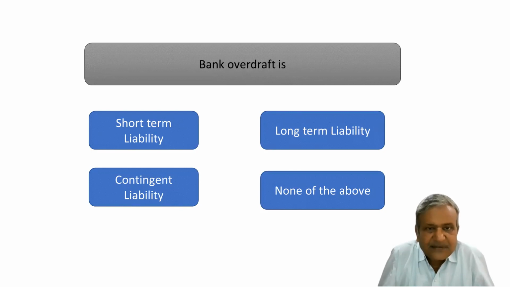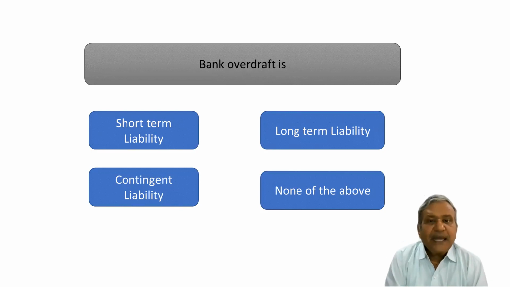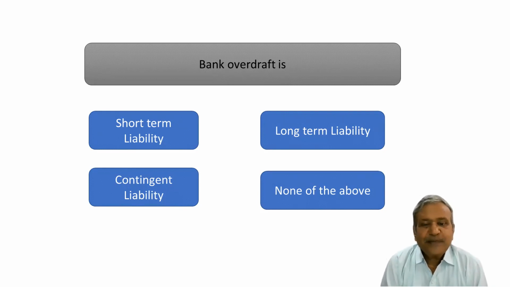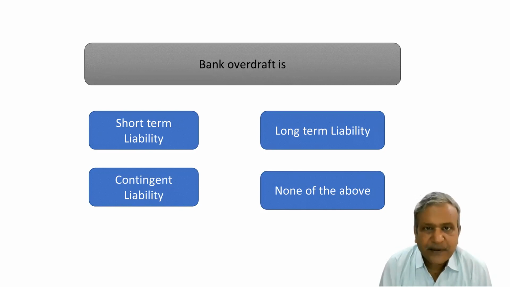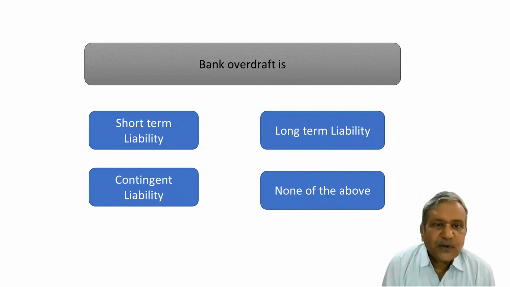Radhika, 1, yes. Bank overdraft is taken as a temporary loan. It is called a short-term liability. The answer is short-term liability, number 1. If you go to the bank and your balance is less, you say, Sir, I want my check to be passed.